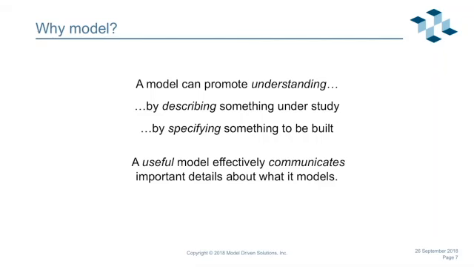That's the important thing, is a model needs to be useful, and a useful model communicates important details about what it models. And it also, importantly, abstracts away from those things that aren't important. And that's the thing that is key. We want to be able to have ways of creating models that help us communicate. The model is not an end in itself.